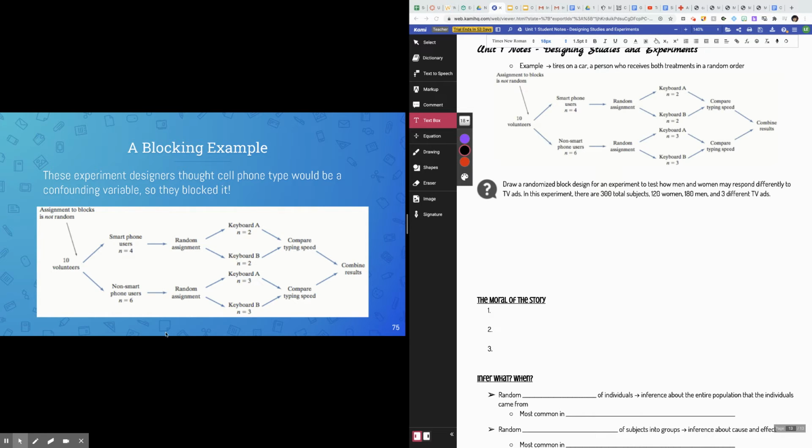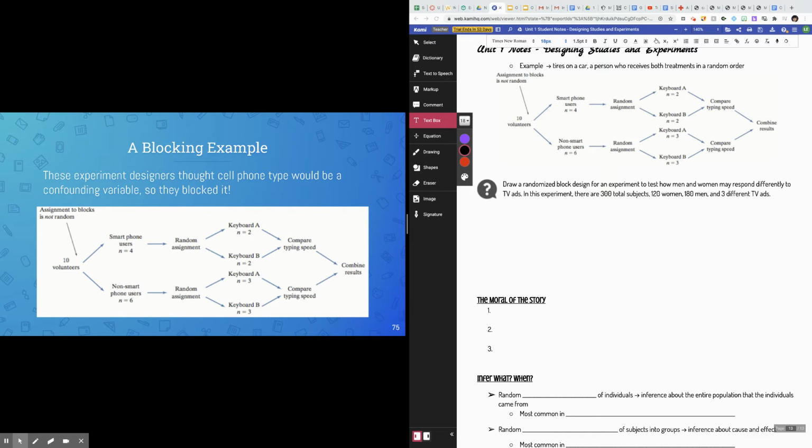So they blocked by smartphone user first, then did random assignment within each block to split between the two treatments, which was you got a different type of keyboard for each, right? Keyboard A, keyboard B, right? Then you compare and then combine the results at the end, right? So basically you have two completely randomized designs going on at once, one within each block.